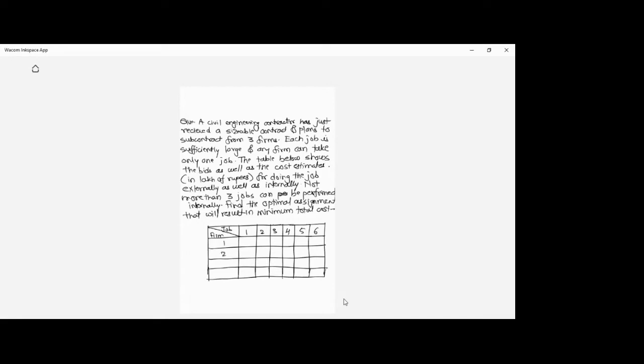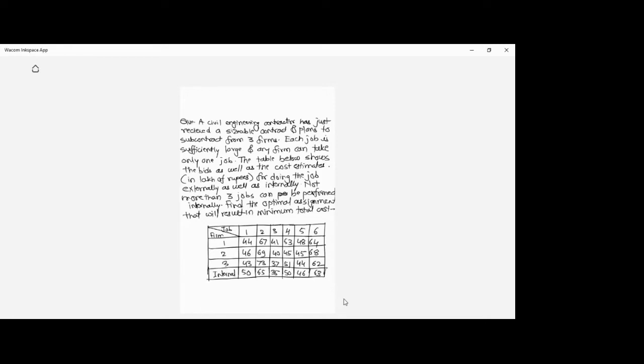So here we have 1, 2, 3, and this is internal. Right, so 44, 67, 41, 53, 48, and 64. 46, 69, 40, 45, 45, and 68. 43, 73, 37, 51, 44, and 62. And for internally we have 50, 65, 35, 50, 46, and 63. So now this is the problem.